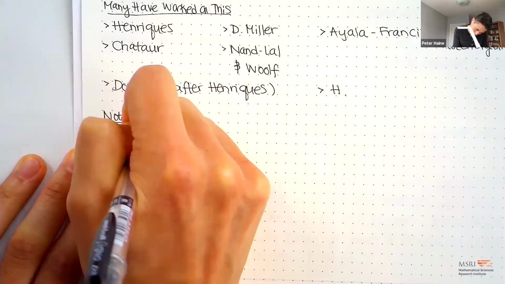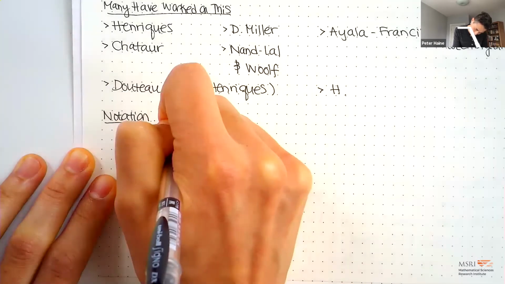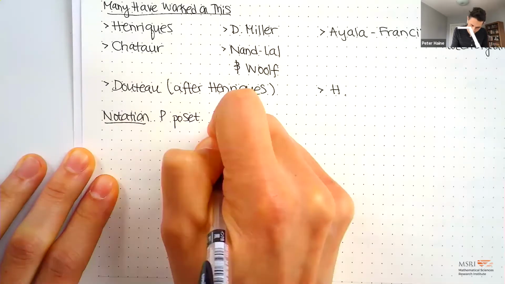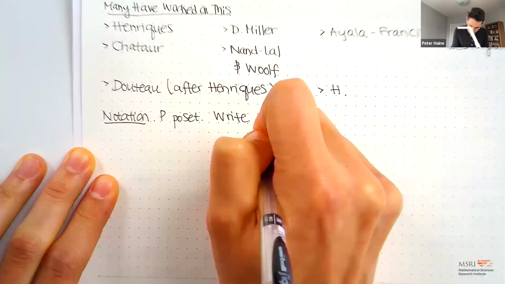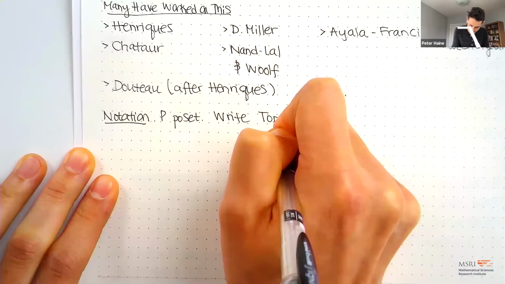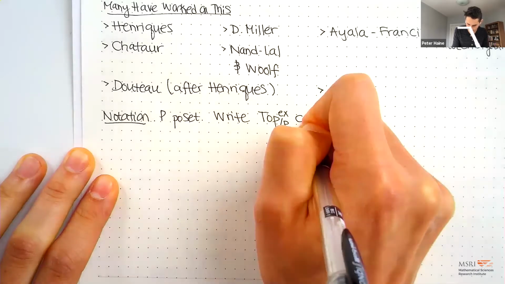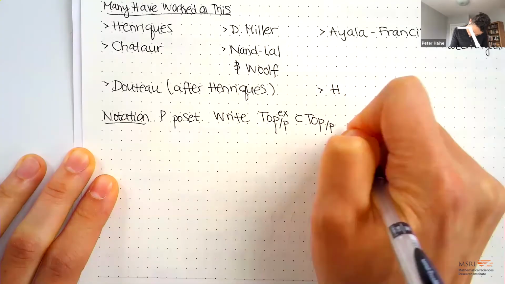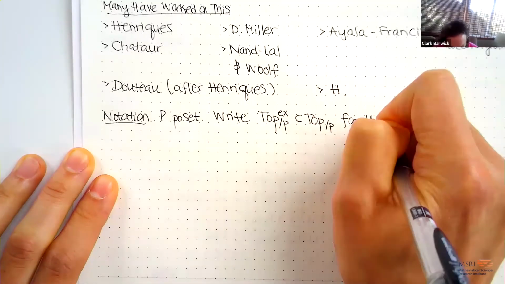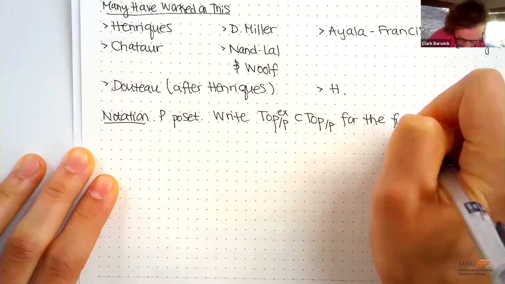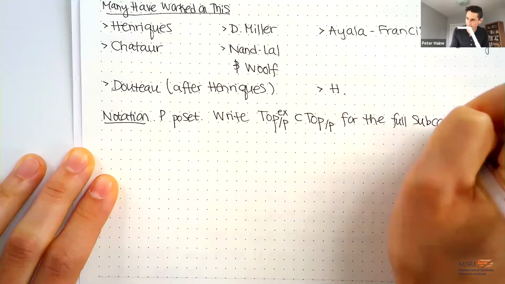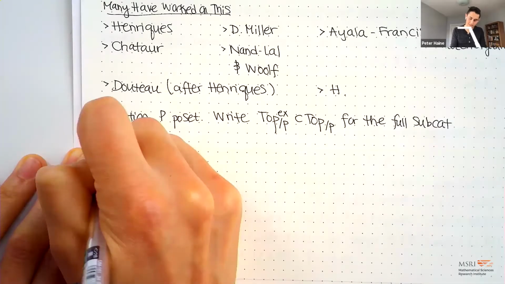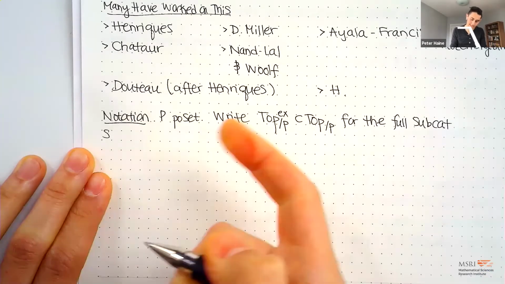So P will be a poset again. And I'm gonna write top over P EX inside of top over P for the full subcategory spanned by those objects such that the sing P construction actually is an infinity category.